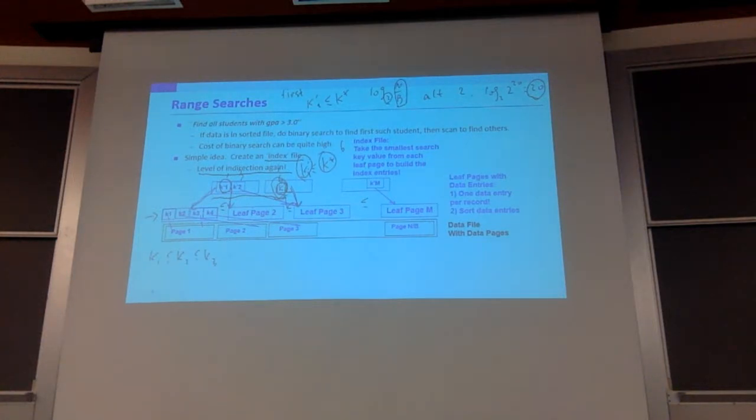Once you find that one, you know k star is not going to be in anything that's on the left of this key. Why is that? Because everything before this is smaller than this k prime. Make sense?